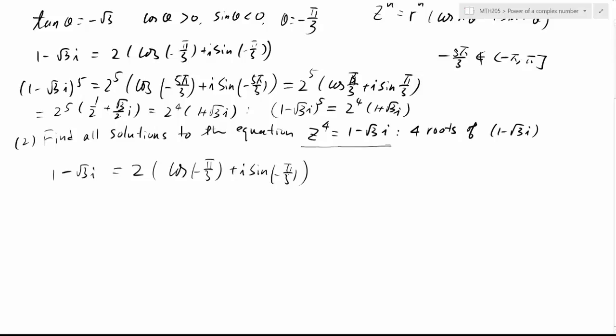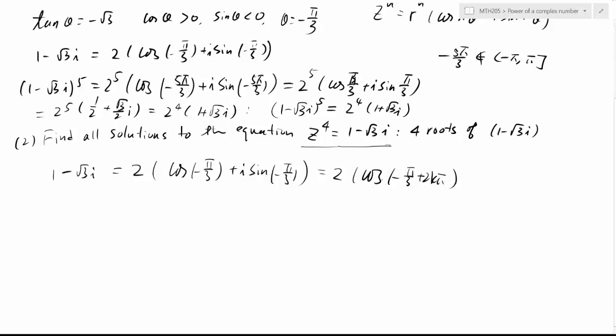And then what do we have? We remember that we always have 4 roots if we are trying to find the 4th root of this number. So we need to expand this polar form a little bit more. This is going to be the same thing as cosine of negative pi over 3 plus 2k pi.